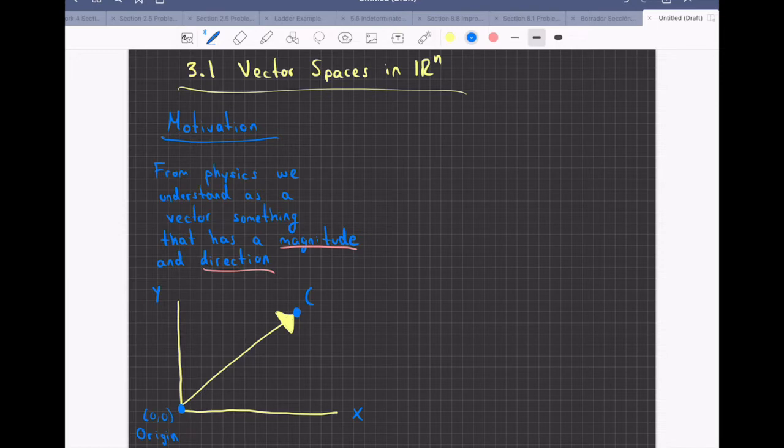We can say that this has coordinates A, B. So we can say that in this way the vector is only these two numbers A, B.